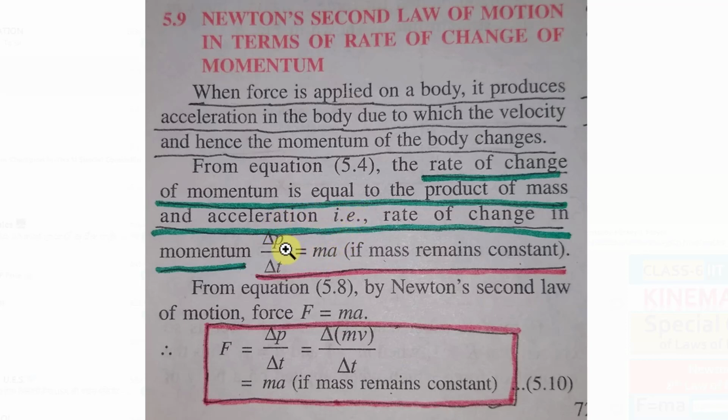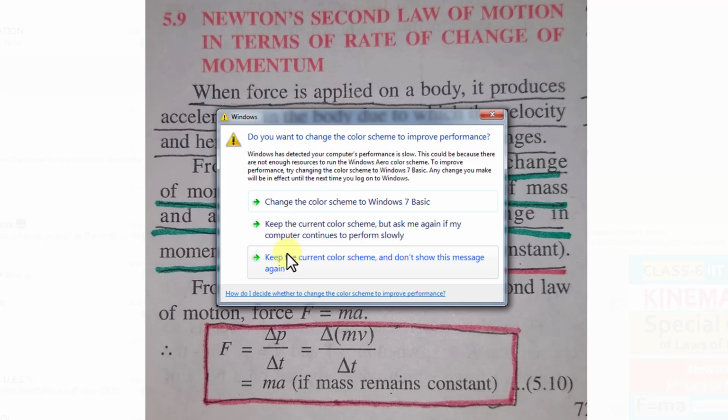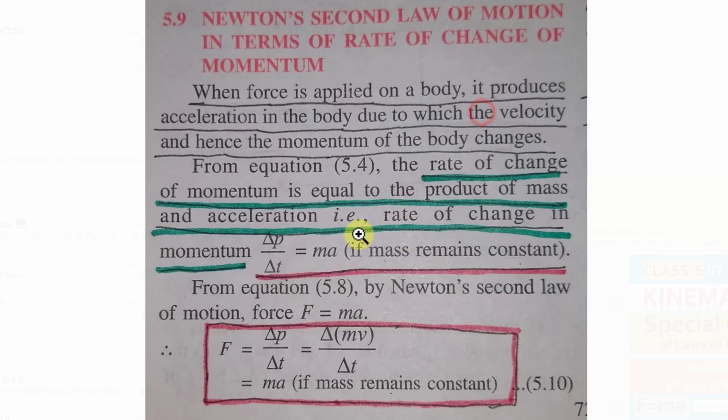So once again I will say, momentum. Momentum is what? Product of mass and velocity. Momentum is denoted by P. Delta stands for a small change in the quantity. Now delta P means change in momentum. Delta P by delta T, change in momentum by change in time.